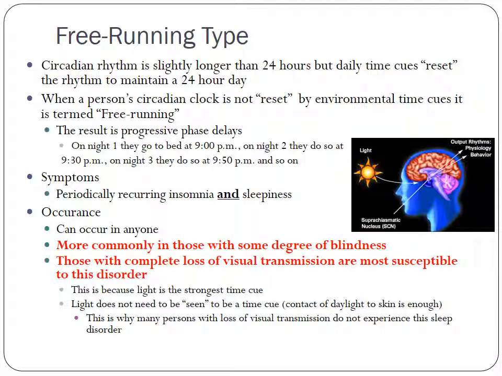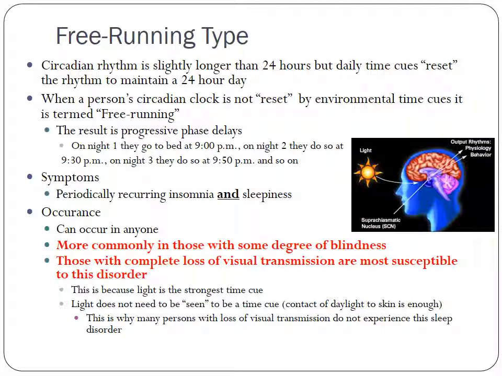The result of this is progressive phase delays. So on night 1, they go to bed at 9. On night 2, they go to bed at 9:30. On night 3, they go to bed at 9:50, and so on and so on. It's a phase delay, so each night they go to bed a little bit later because the time cue hasn't reset their clock so that they go to bed at the same time.